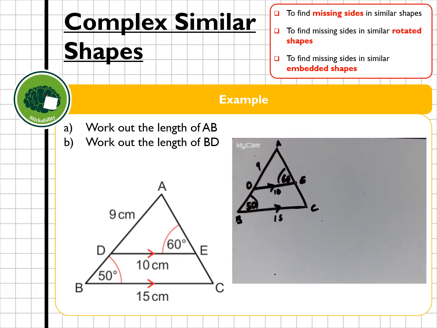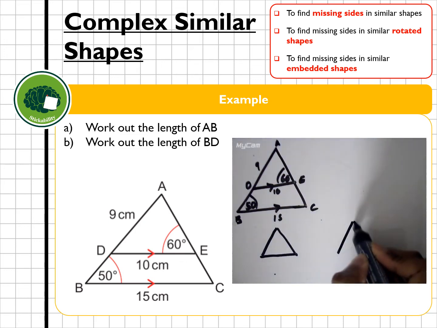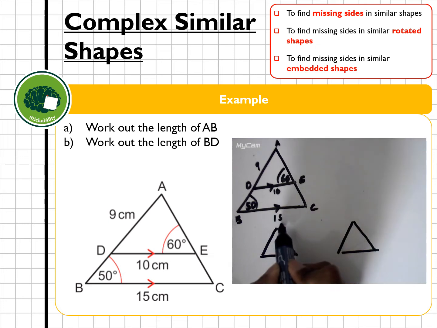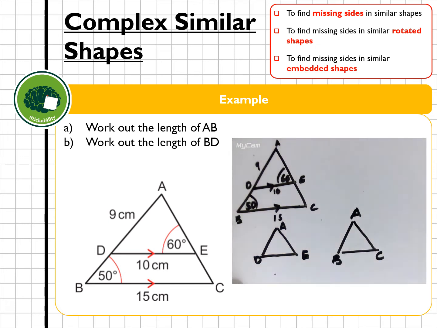Similar to the last question, I'm going to start by drawing the two triangles separately first and labelling them. So I know that I've got A, D, E. Here I've got A, B, C. Putting on the sides, remember I don't care about the angles, the sides that I want.